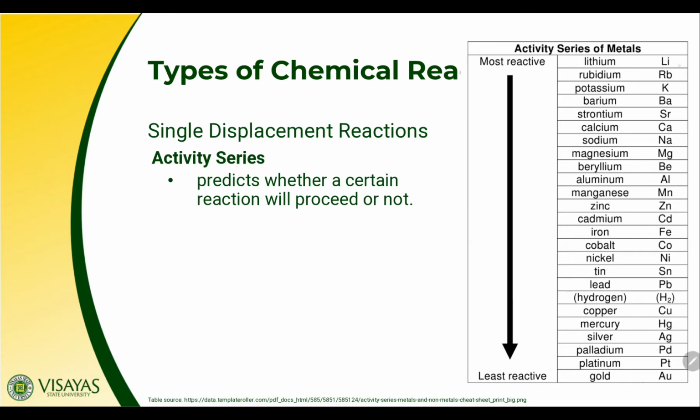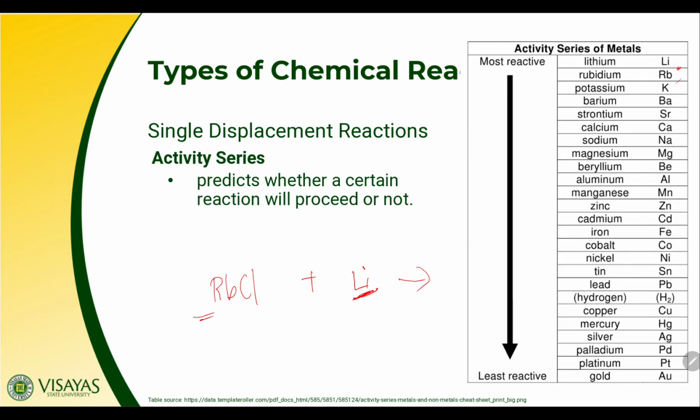Again, only those metals at the top can displace those metals below them. For example, we have lithium as the separate substance, and then we have, for example, rubidium chloride. In this case, we have a single displacement reaction because lithium can displace rubidium, since lithium is higher than rubidium in the series.